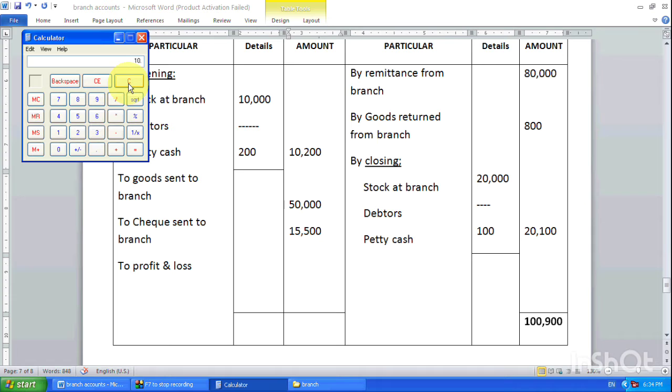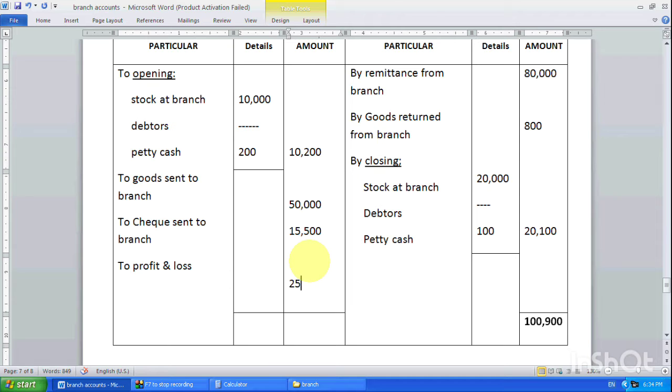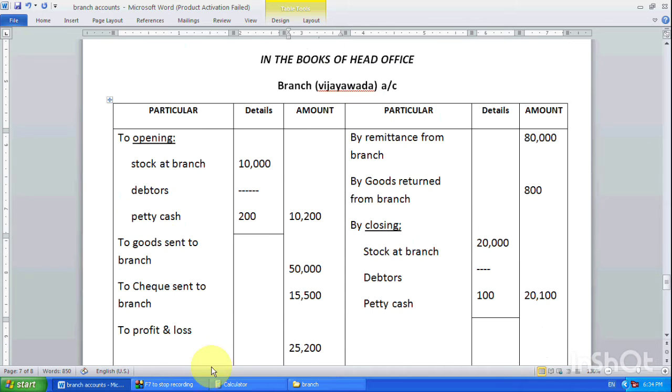If we deduct 75,700 from 1 lakh 900, we get 25,100. I am showing it directly on the calculator. Sorry, it's 200, not 100. It is 25,200.